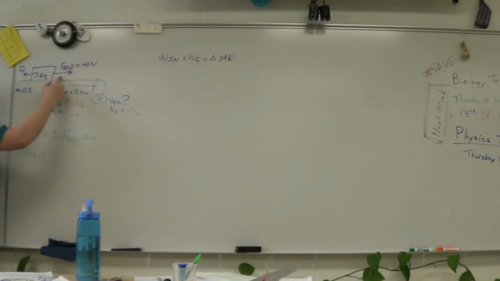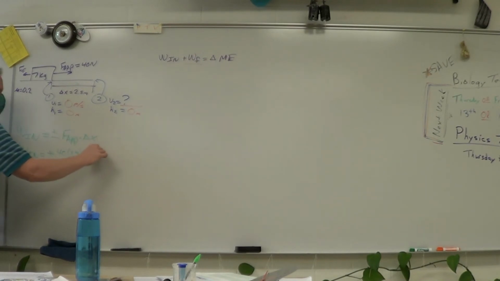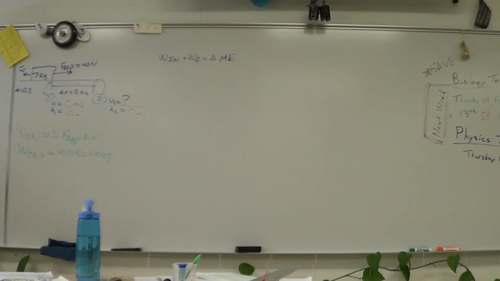If my applied force is to the right, and if this is location 1, and this is location 2, that means our displacement and force are in the same direction. We're going to add them. So then we can say 40 times 2.5. The amount of work being added is equal to 100 joules. We're adding 100 joules worth of energy by pushing this crate.